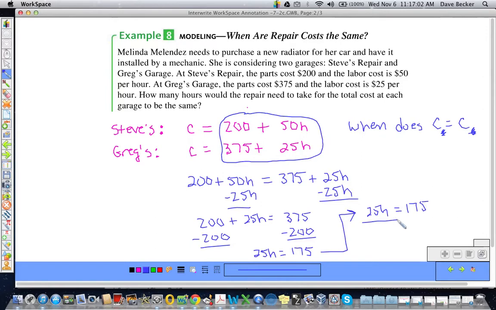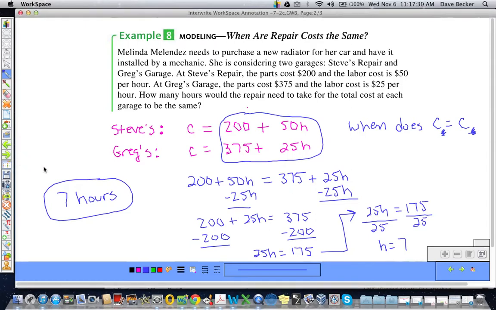So I'll divide both sides by 25, and then H will be equal to 7. So how many hours would the repair need to take for the total cost of each garage to be the same? And the answer is 7 hours. So she can use that to decide which garage she's going to use.